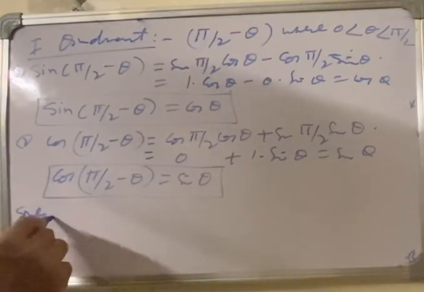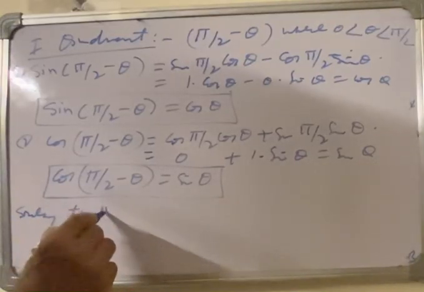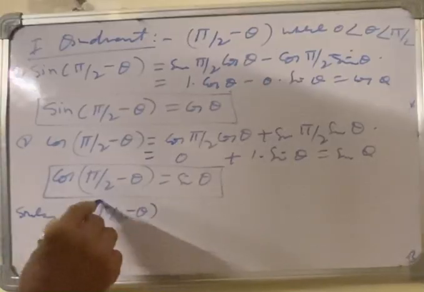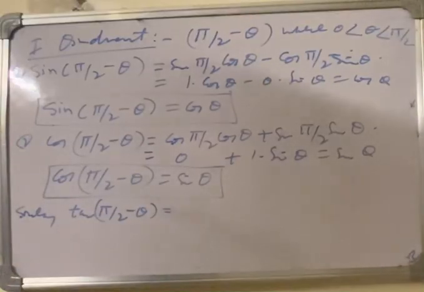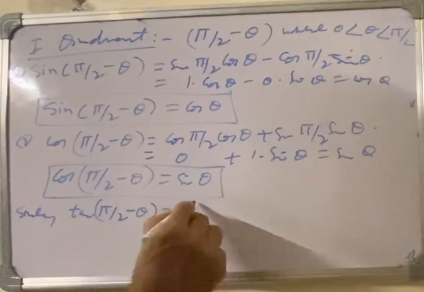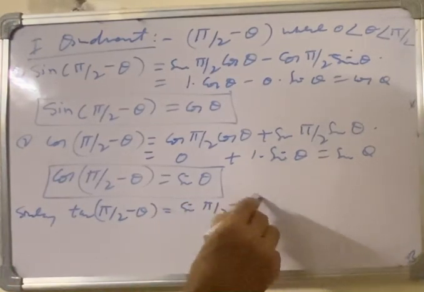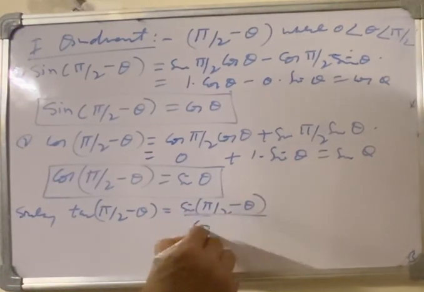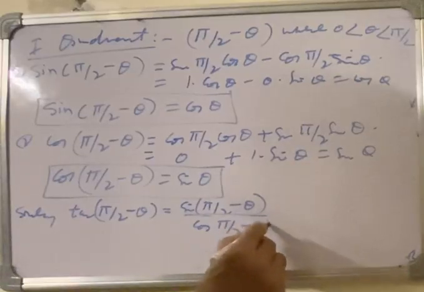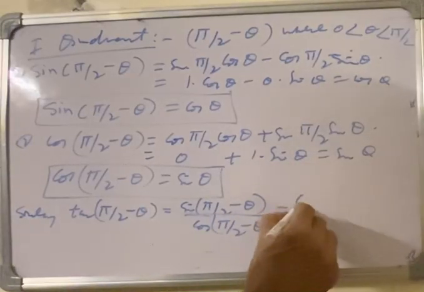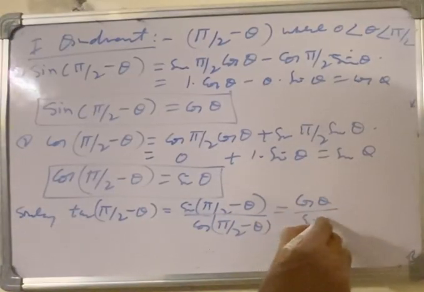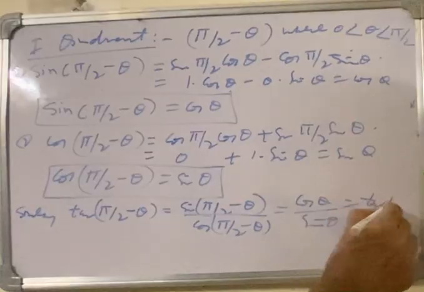Similarly, tan of pi by 2 minus theta is sin of pi by 2 minus theta over cos of pi by 2 minus theta, which is cos theta over sin theta. This is cot theta.